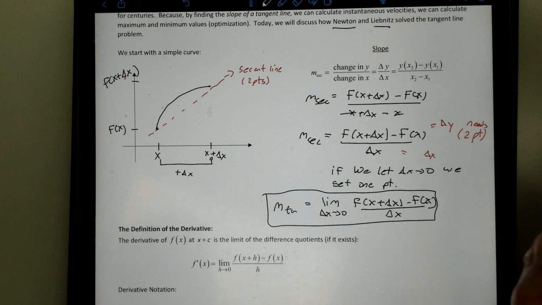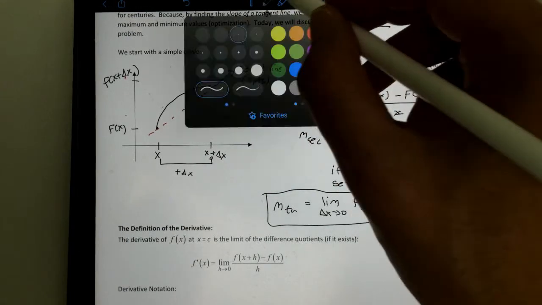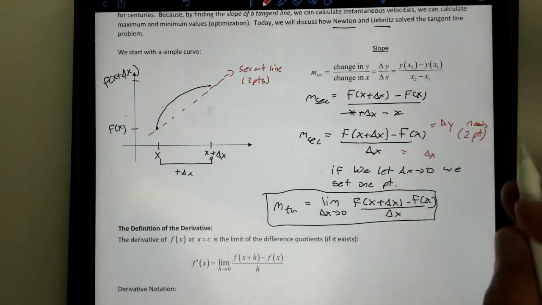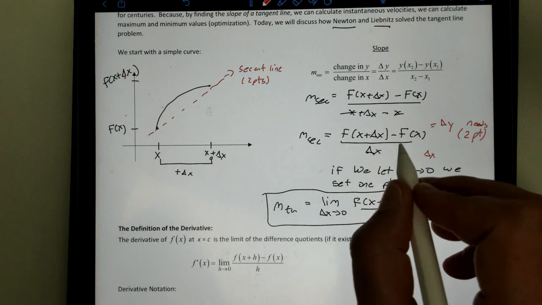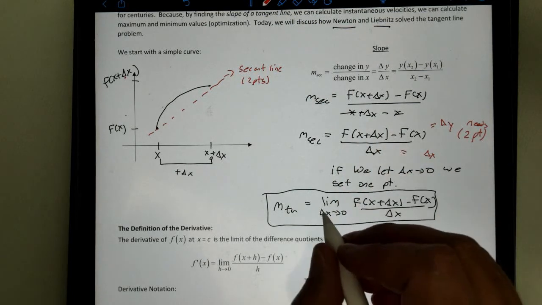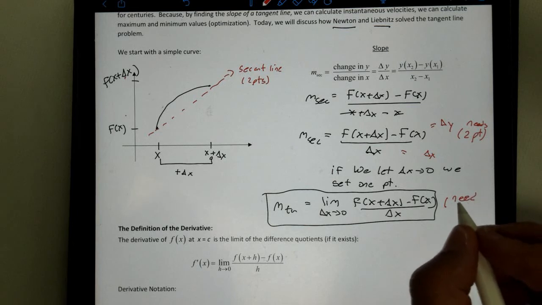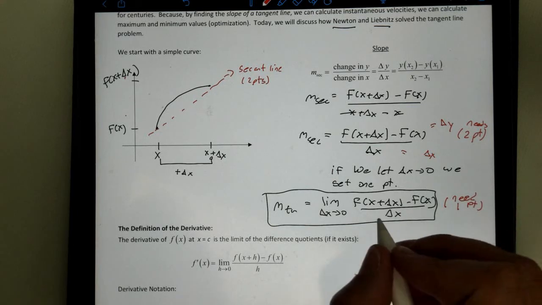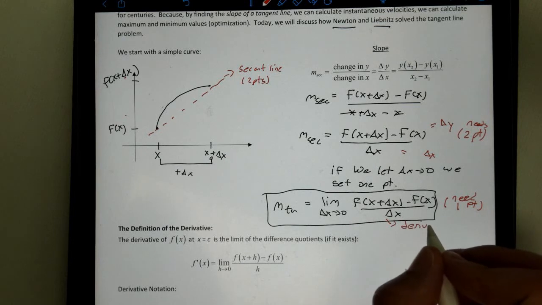In fact, we spend the entire first semester just talking about all those applications for that derivative. So what's really neat about this one is, if I just leave it like this, I need 2 points. But by taking that limit, now we only need 1 point. And most of you guys have already guessed, this is a special formula we call the derivative.